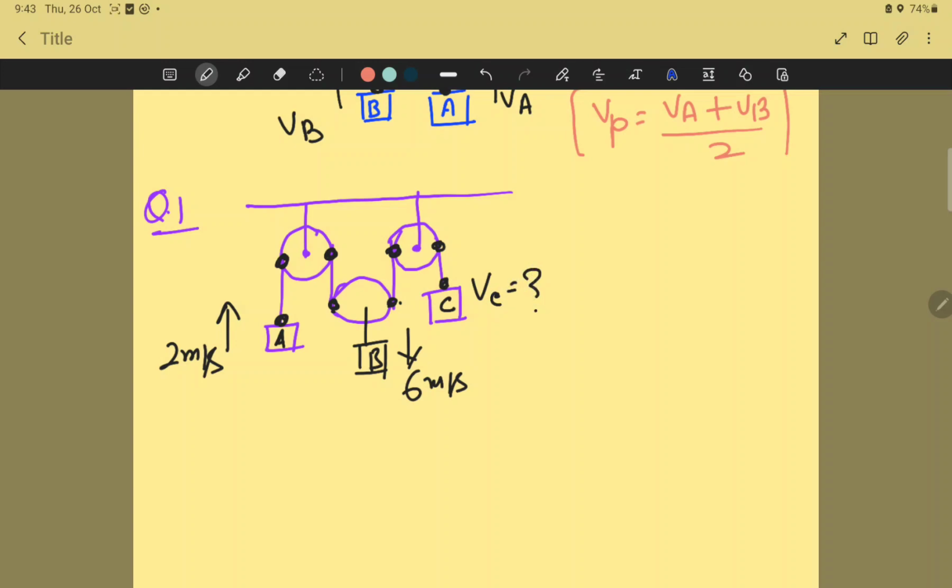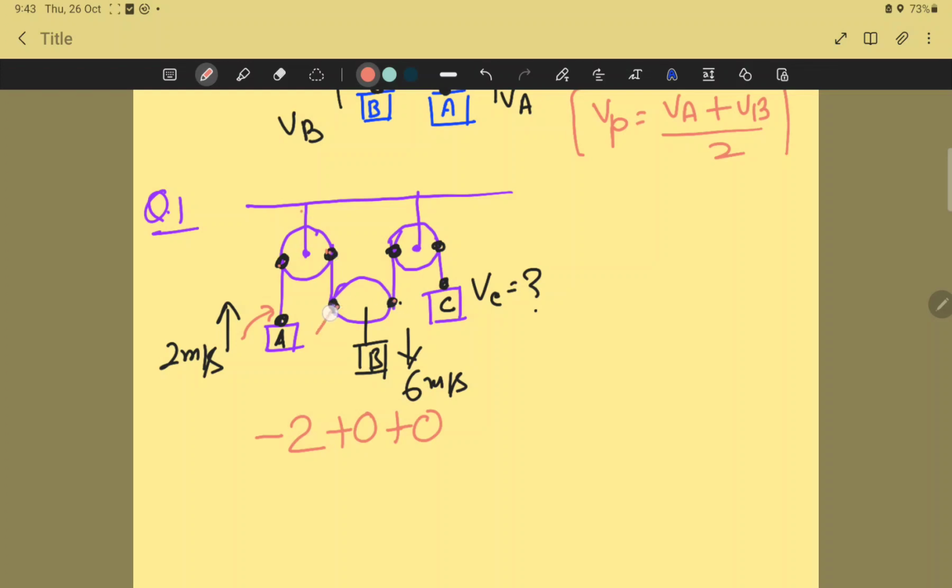Now you have to express the velocity of each point. So let's start from this point A. Here we can say, since A is reducing, we can put -2, plus these 2 points are 0 plus 0, because here the velocity will be 0 because the pulley is not moving.